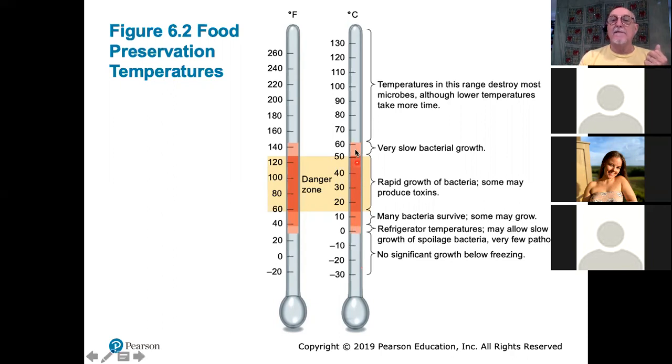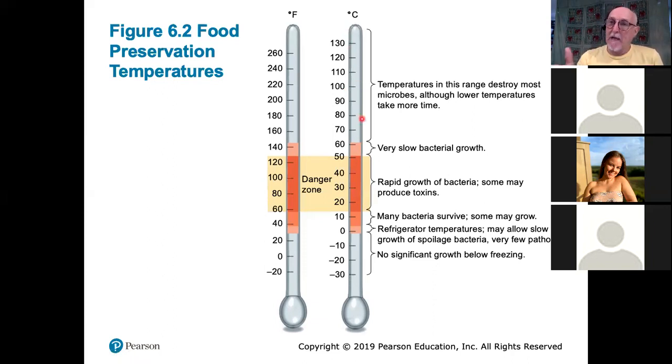On the other end of the scale, most pathogens and most spoilage organisms grow very slowly between 50 degrees Celsius and 60 degrees Celsius. And above that, actively growing cells are actively killed, particularly if they're held in this temperature range for any length of time.